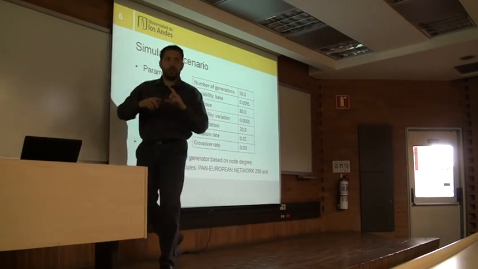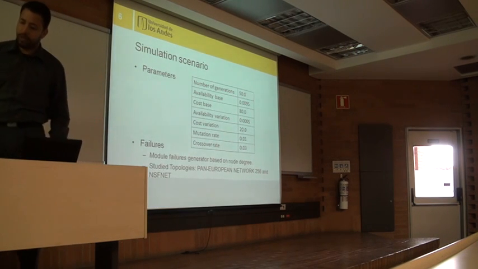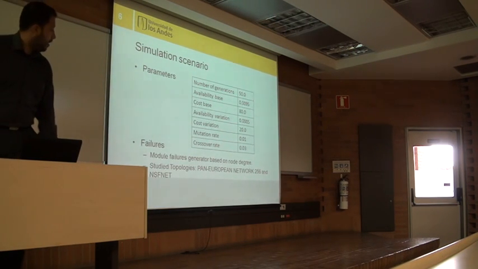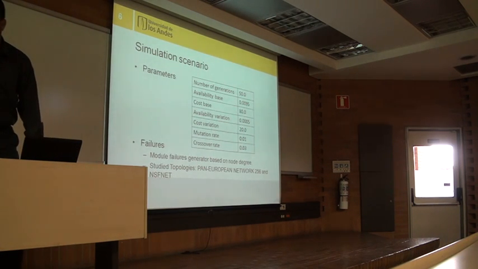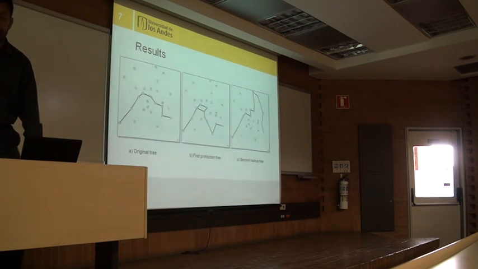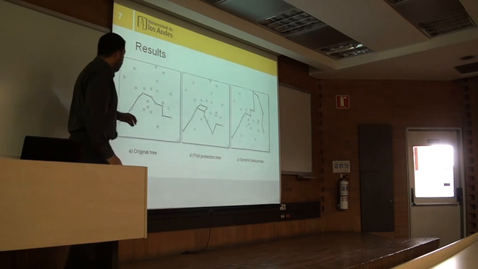Yes, that is the variation in our context. The cost is around 80 to 100, and the mutation rate and the crossover rate are 1% and 3%. Okay, what are our results?